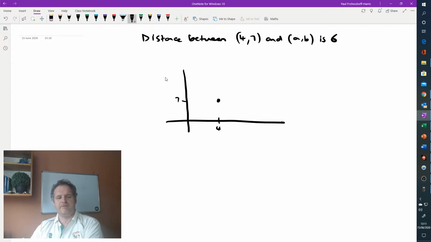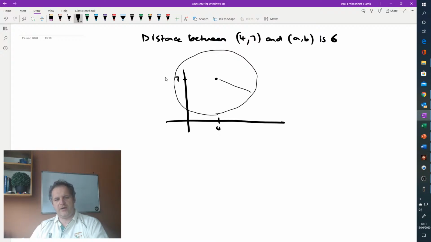If you think of all the places that could be 6 from there, actually, I need to make it a bit higher. All the places that are 6 from there would actually go like this. They are all 6 away. So this one would work, but so would this one and this one. There's actually lots of answers.